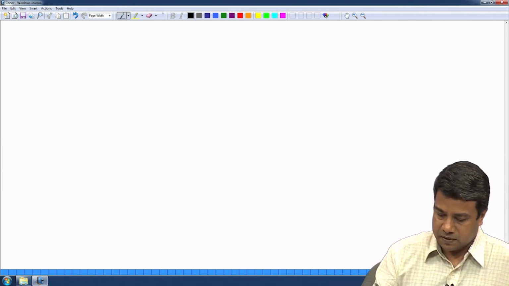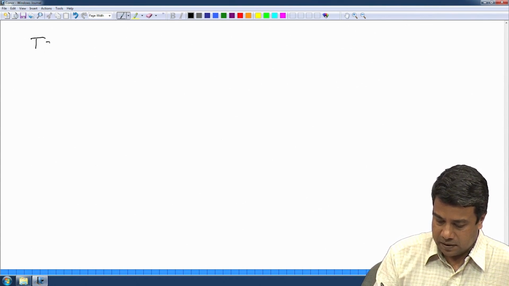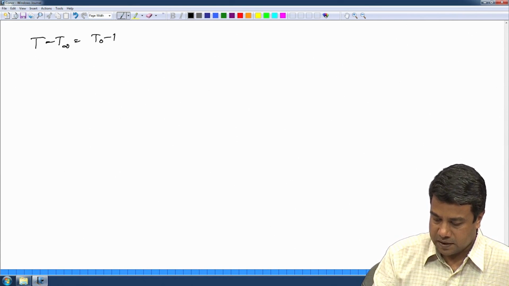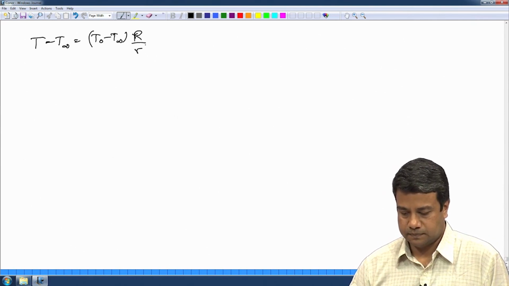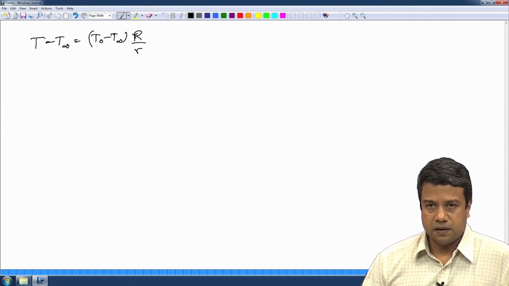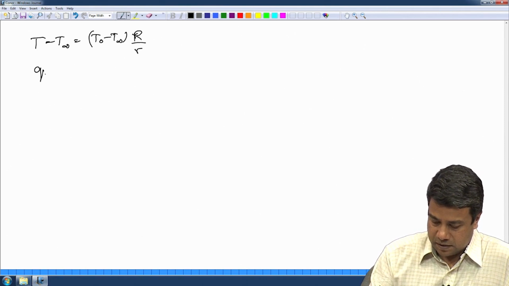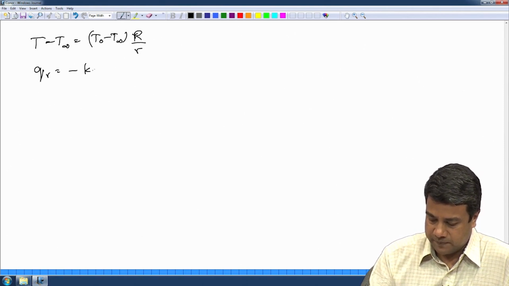So, let us look at this solution once again. T minus T infinity is equal to T naught minus T infinity times R by r. What is the flux? q_r is equal to minus K partial T by partial r.